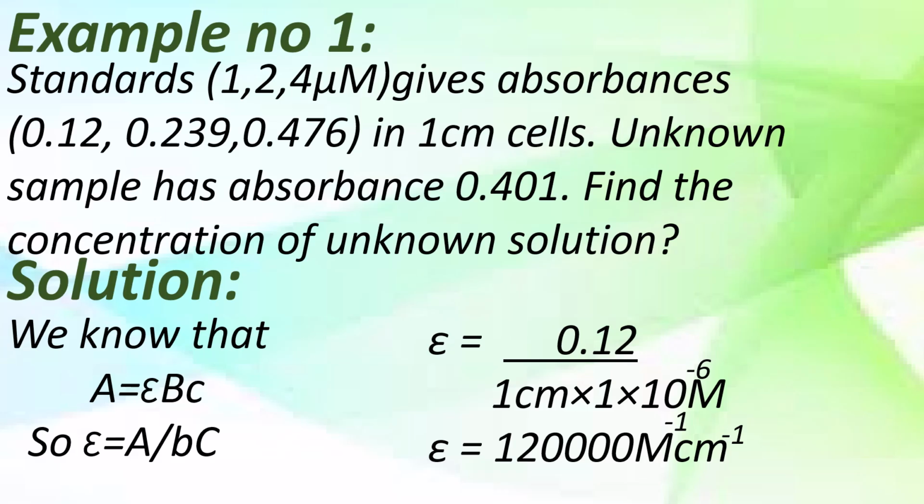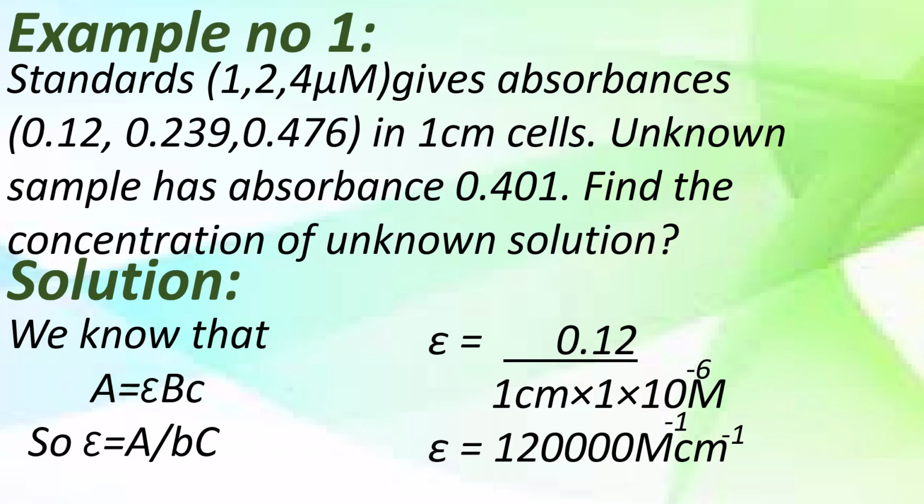So first we will find molar absorptivity. Epsilon is equal to absorbance. We will write absorbance of any one of them. So we will take first value 0.12 divided by path length 1 centimeter, multiplied and divided by 1 micromolar.